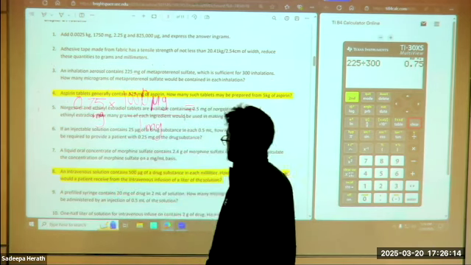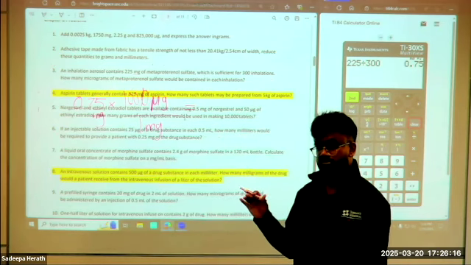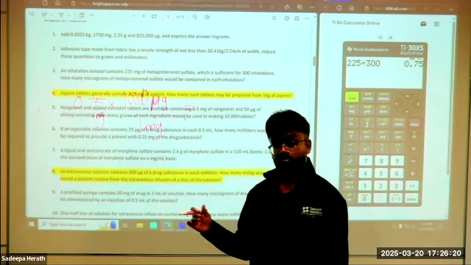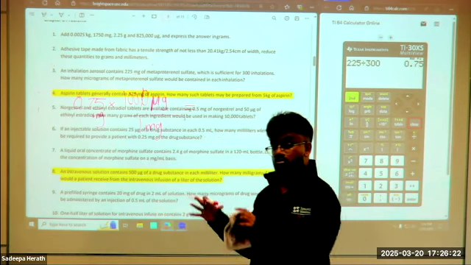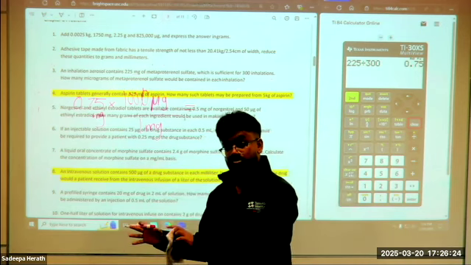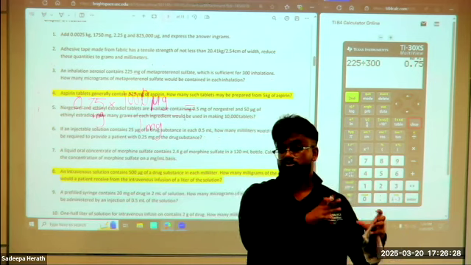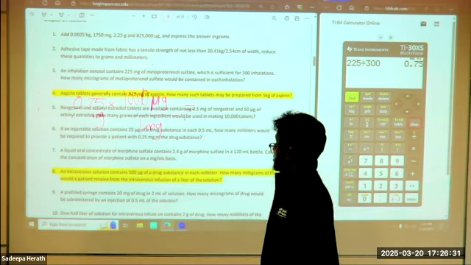Because a microgram is smaller than a milligram, we're going to have more micrograms to equal the bigger amount.